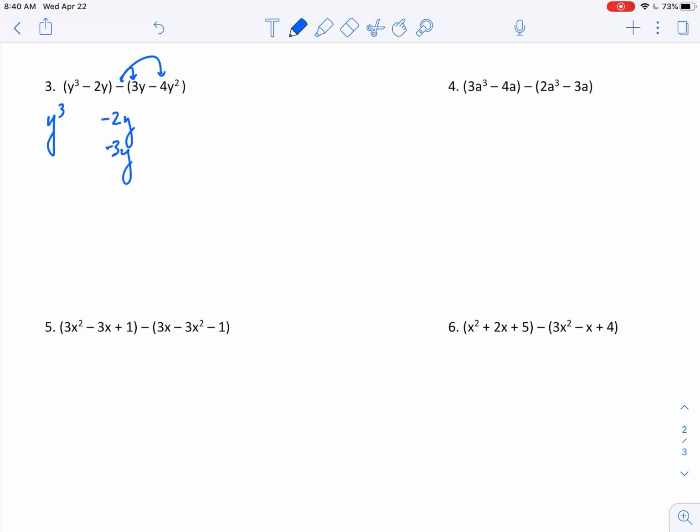So number 3 here, I'm going to write this as y cubed minus 2y, and I'm subtracting, so I'm going to distribute to both parts, minus 3y, and a minus 4y squared becomes a plus 4y squared.